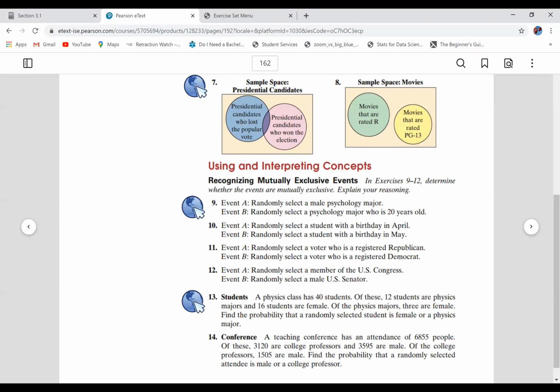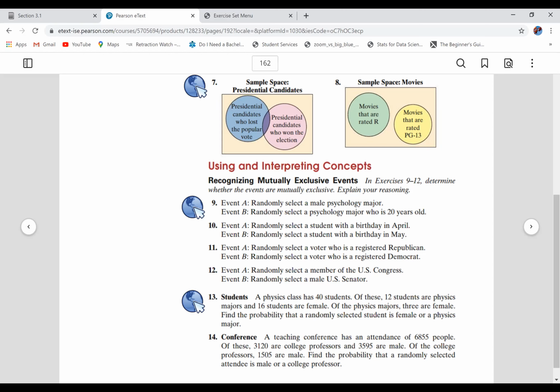Randomly selecting a male psychology major and randomly selecting a psychology major who is 20 years old. Ask yourself the question, is it possible to select a male psychology major who happened to be 20 years old? Yes. Okay, I have a yes here.